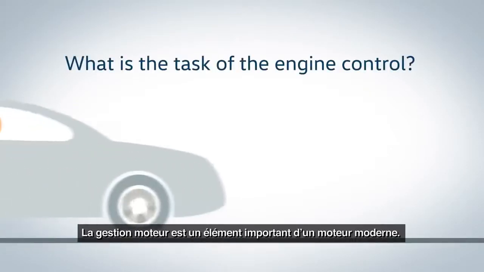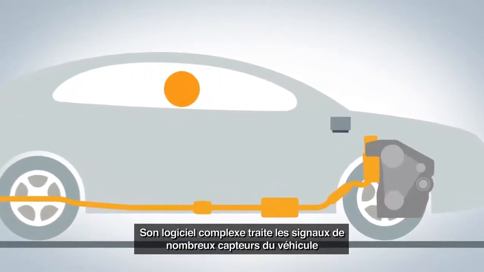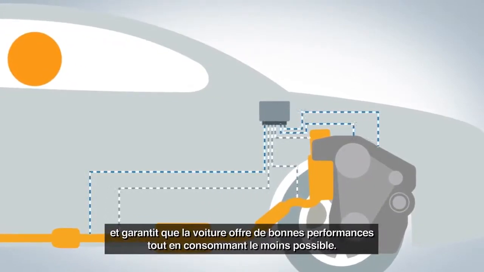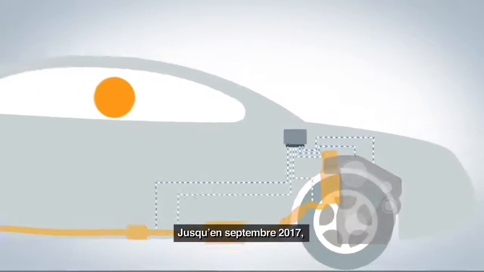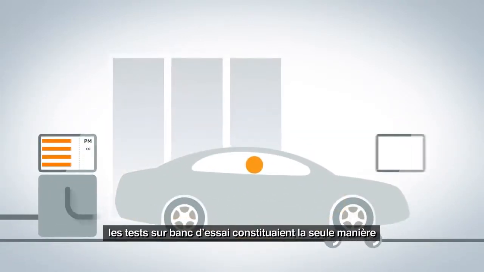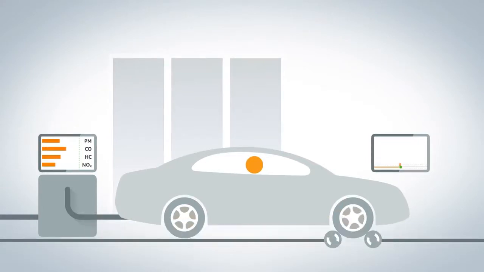An important part of a modern engine is the engine control. Its complex software processes the signals of many sensors in the vehicle and ensures that the cars offer good performance profiles with the lowest possible consumption and comply with the required exhaust standards at the same time. Up until September 2017, testing on the test bench was the only way to determine whether a vehicle fulfilled the legal requirements.